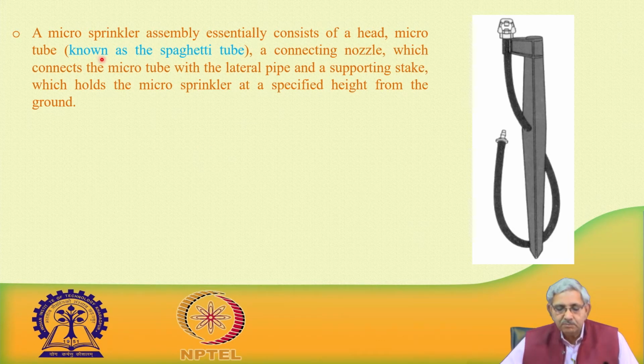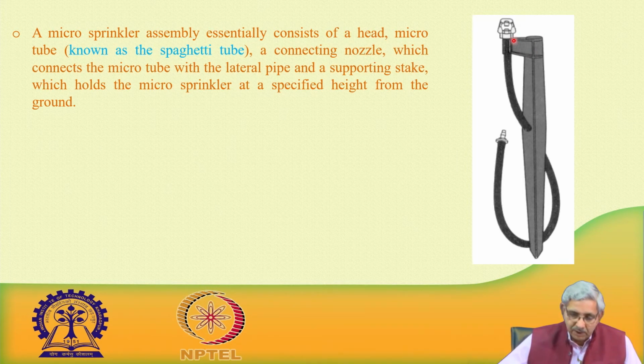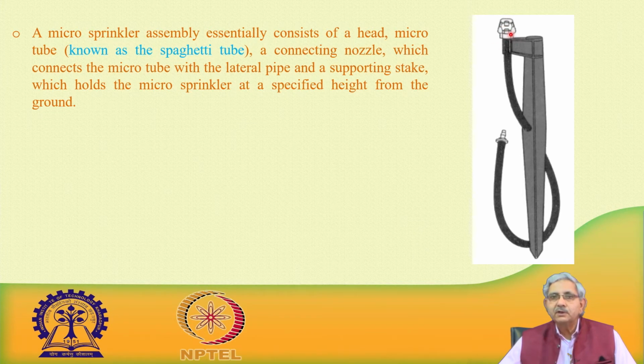Micro sprinkler assembly essentially consists of a head, and a micro tube. This part is the head. If you see here, this is the head part, and then there is a micro tube which is known as a spaghetti, which connects to the lateral pipe.